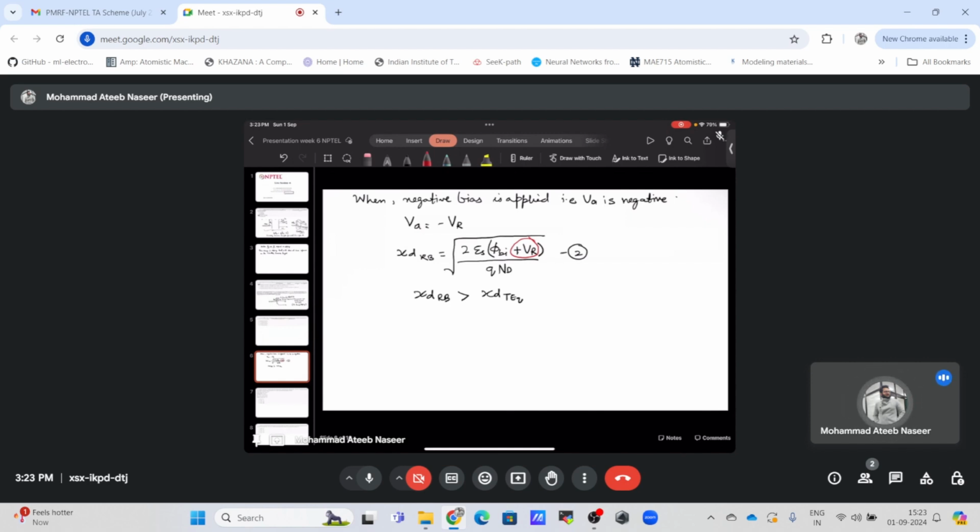So the depletion width increases as compared to the equilibrium case.